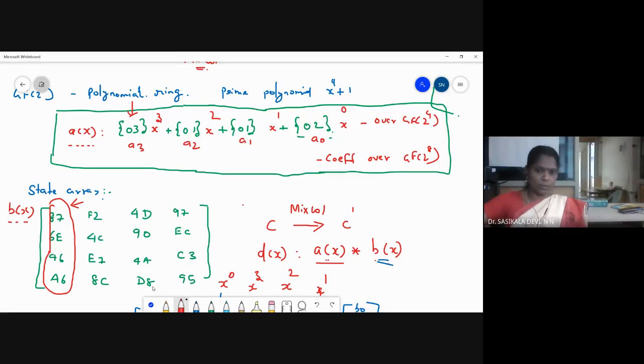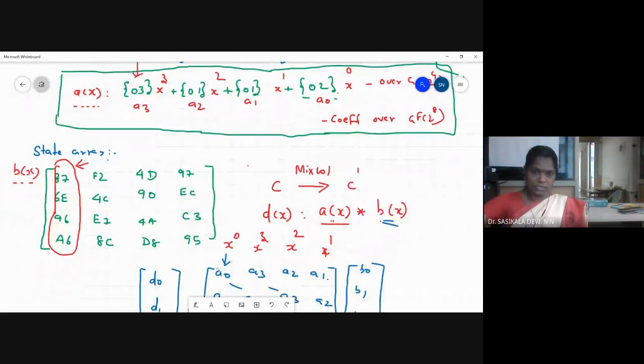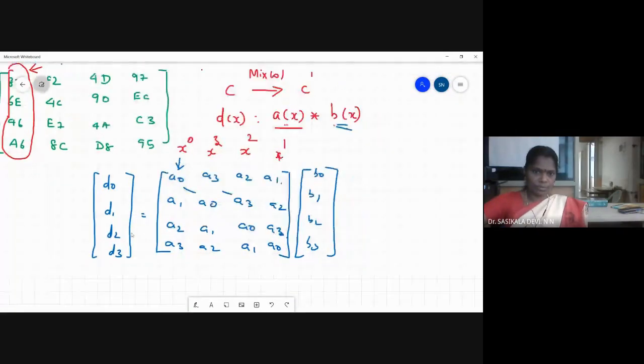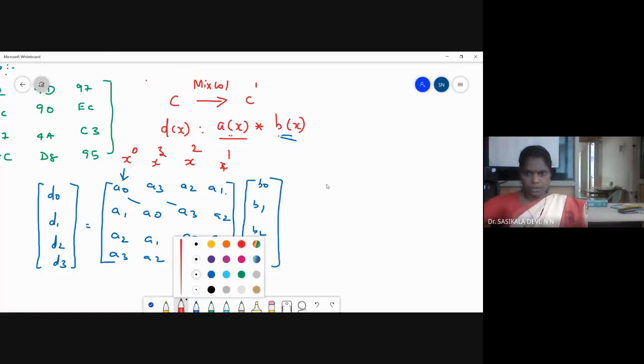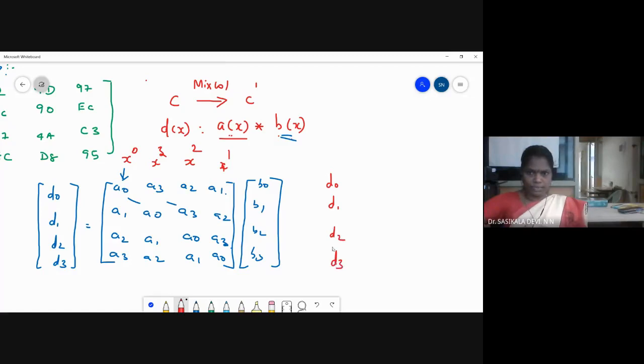Can any one of you substitute this? Tell me the answer. So I can represent this as D0, D1, D2, D3, and this result is equal to A0. What is A0 here? It is the x power 0 coefficient in this A of x.